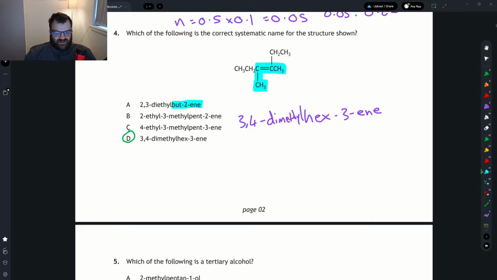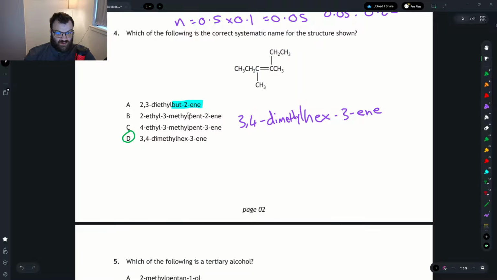So that's one of the kind of ways of deception that you might have been shown, that they can put it as looking like a branch but it's actually part of it. That would be the double bond in the middle, which is why it's a 2. We've then got two carbon branches is what it looks like. So diethyl is 2 carbon branches off of the second and the third. So that makes sense, but that has missed the fact that the longer chain is 6.